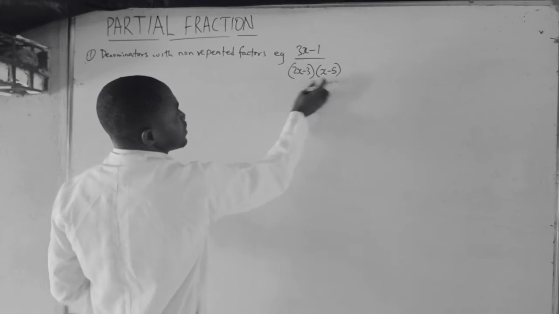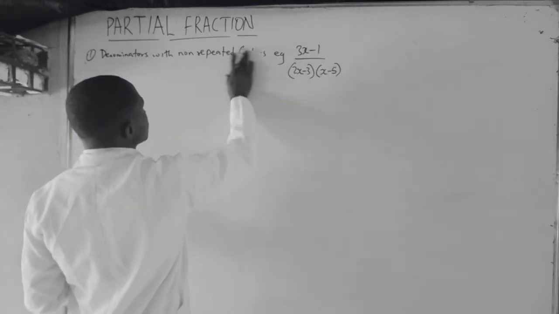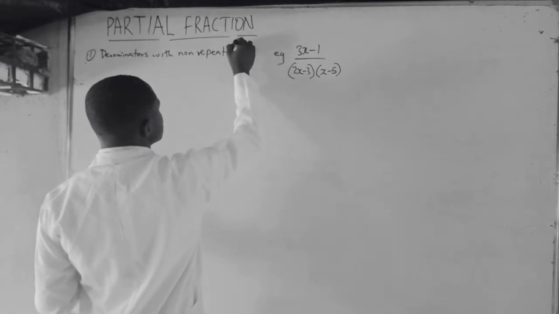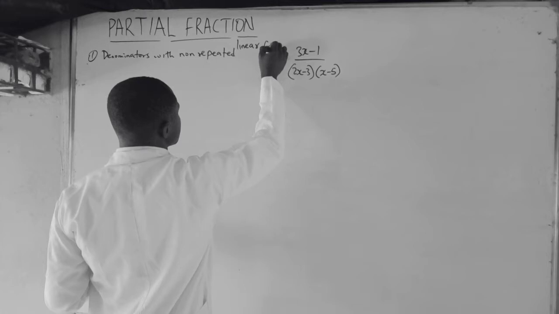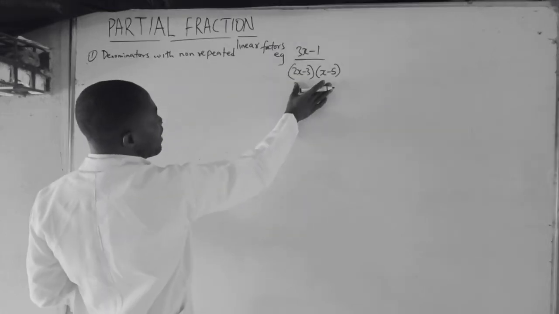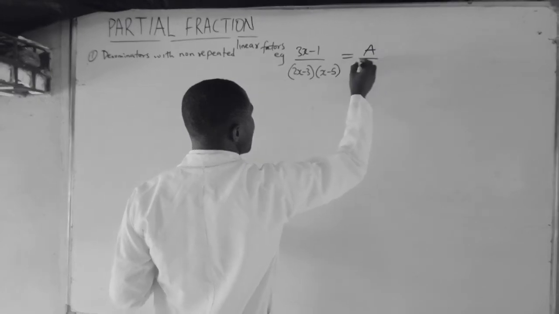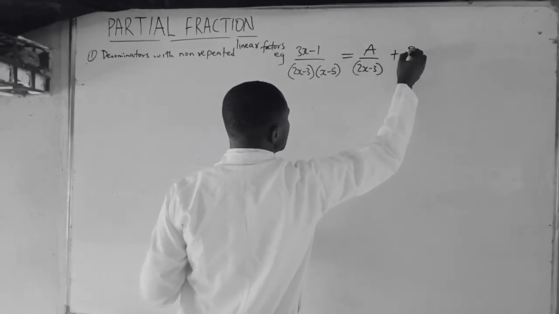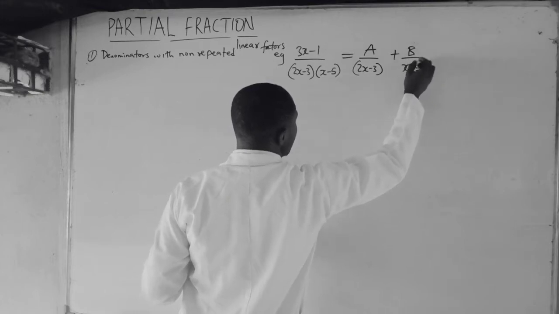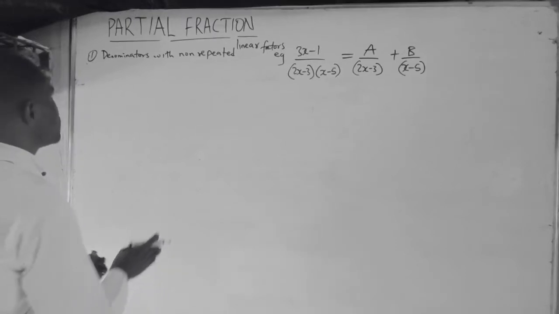You can see that they are non-repeated linear factors. So if you have it this way, you resolve it by saying A over (2x minus 3) plus B over (x minus 5). That will be the resolved answer to this.